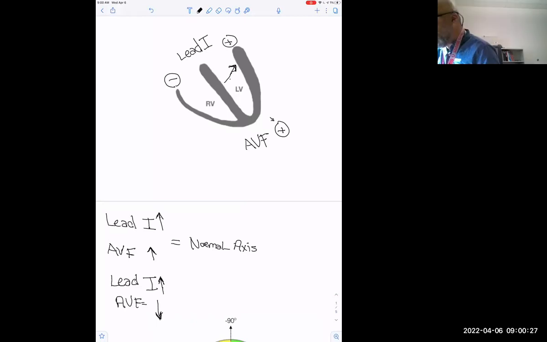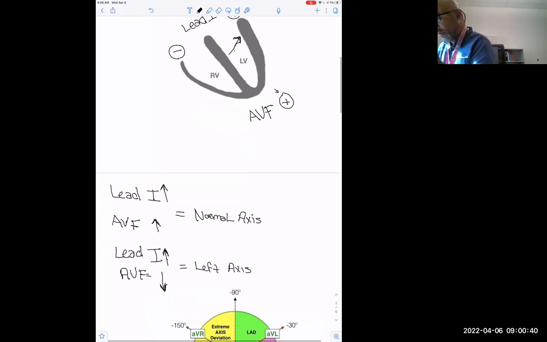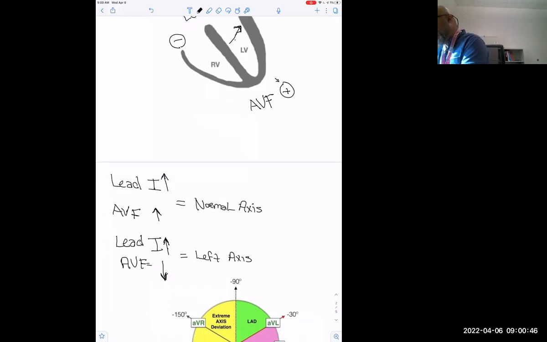This is defined as left axis shift or left axis. Okay. Everyone good so far?